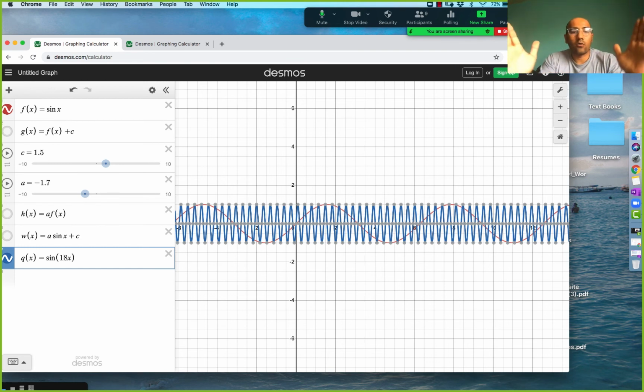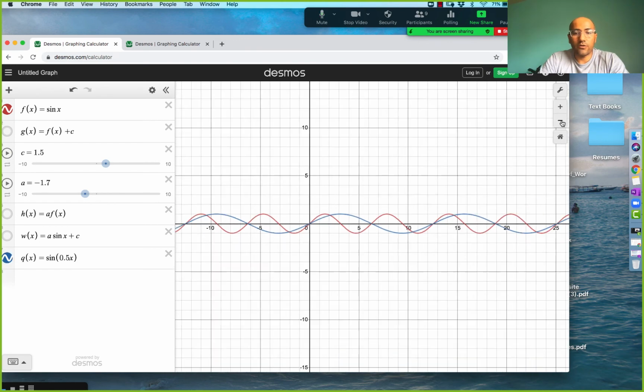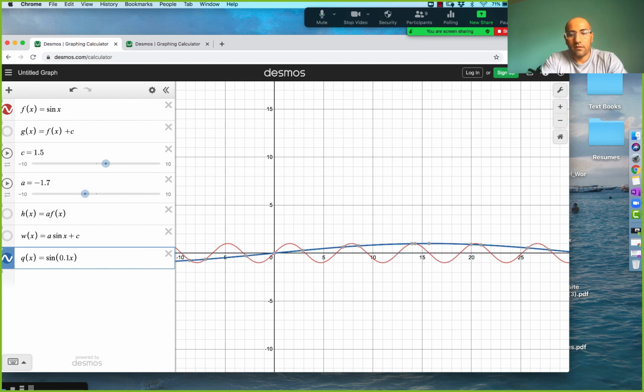It'll complete its period faster. It'll do a horizontal compression when we multiply by a number that's bigger than 1. And then same thing in the other direction, as we saw before. If we multiply this by 0.5, it'll slow it down, stretch it out, and it'll take longer to do 1 period of sine. We can stretch it out even more: make it 0.4, 0.3, 0.2, 0.1.